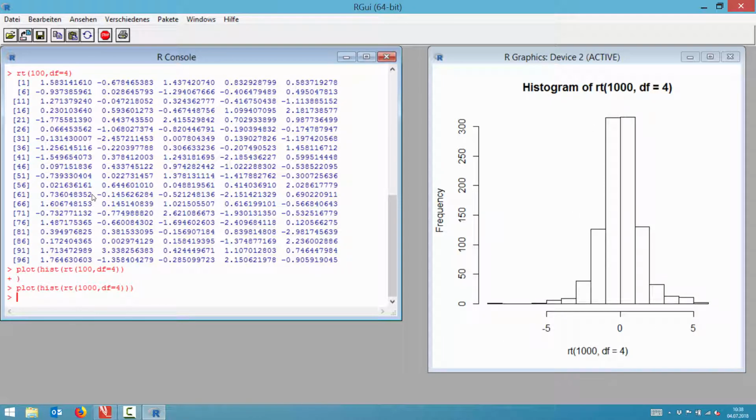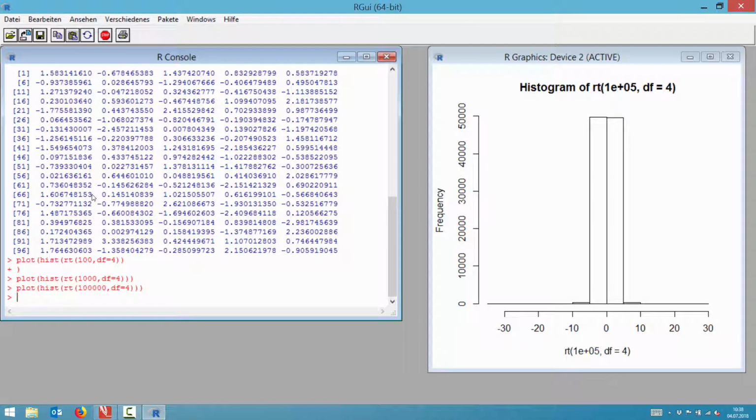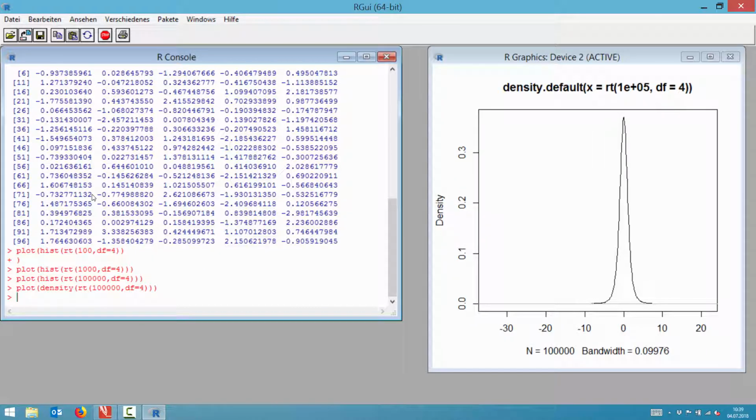So let's take 1000 and now let's take 100,000. Doesn't really look too nice, so let's not use a histogram but a density estimator. Here you have 100,000 random numbers from a student's T distribution with 3 degrees of freedom.